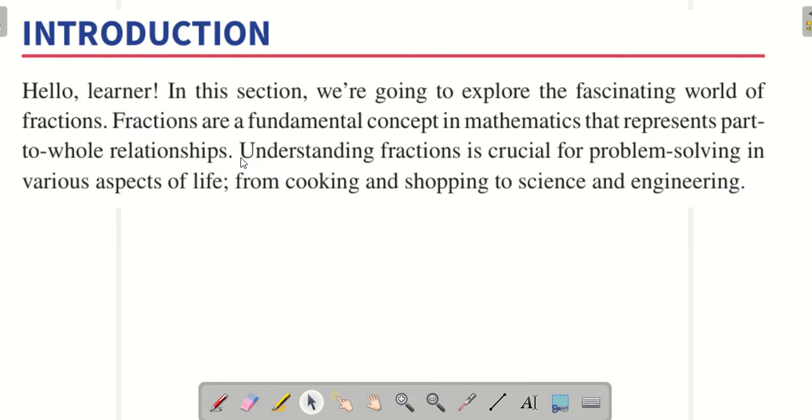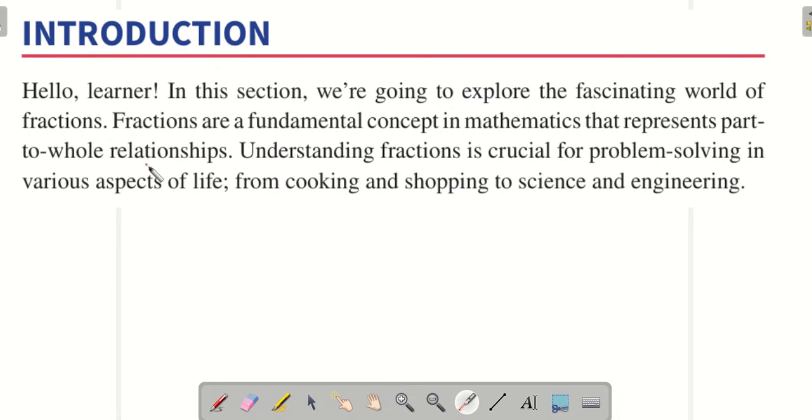In this section, we are going to explore the fascinating world of fractions. Fractions are a fundamental concept in mathematics that represents a part to whole relationship.